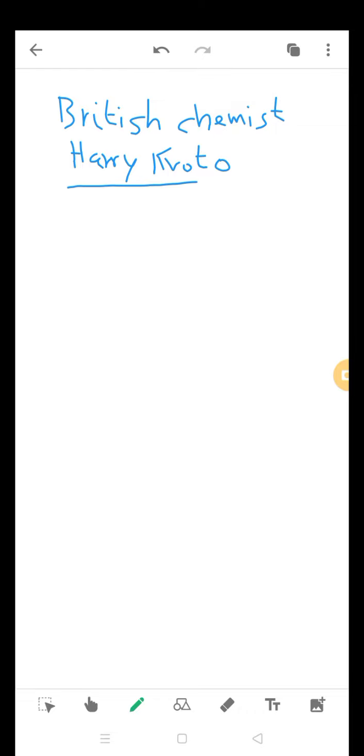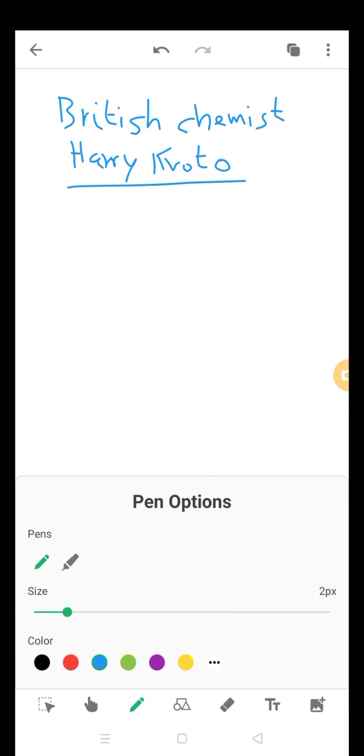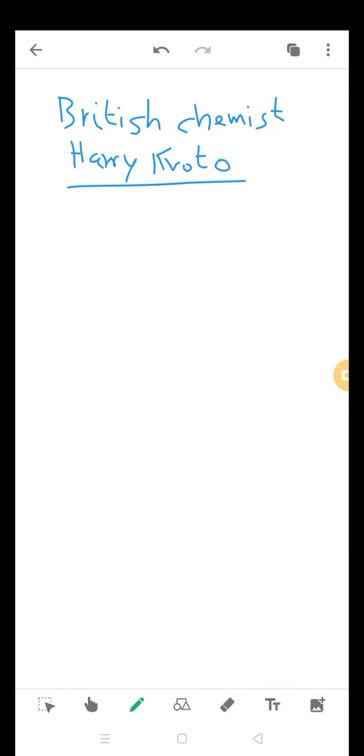He was the first to synthesize nanocarbon clusters.